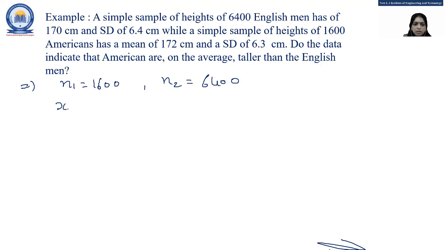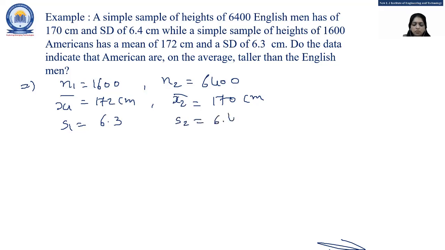Then X1 bar is 172 centimeter, X2 bar is 170 centimeter. The last one, standard deviation: S1 is 6.3, S2 is 6.4 centimeter. Okay, so this is our given data. Let's start the working rule.